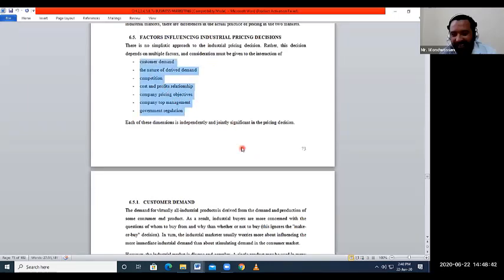Maybe asked in your exam, which pricing factor or which industrial pricing factor that affect the pricing decision in terms of setting different regulation, which is the government regulation factor. So in this case, this will be discussed in detail, even if we discussed in detail so far.